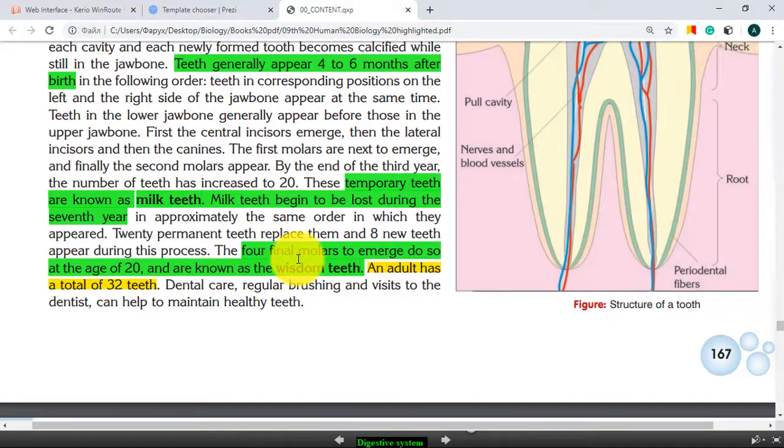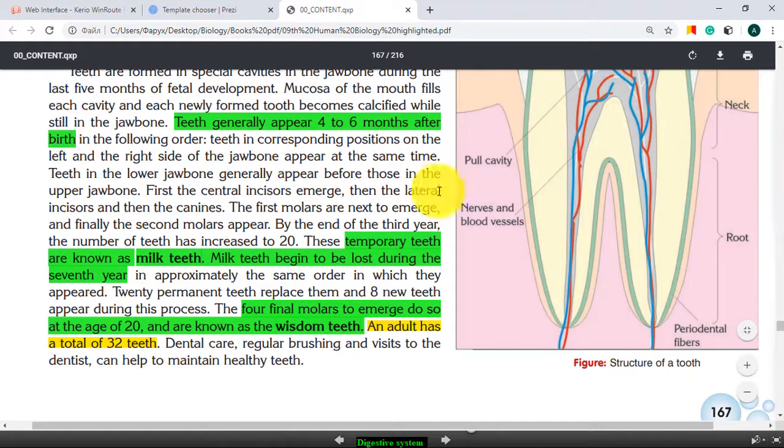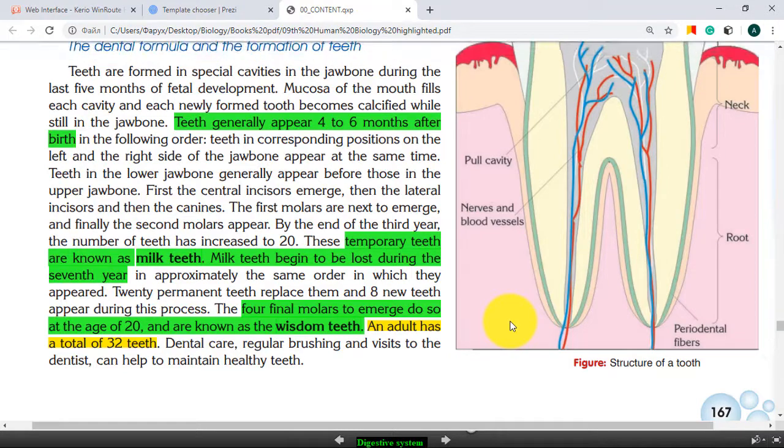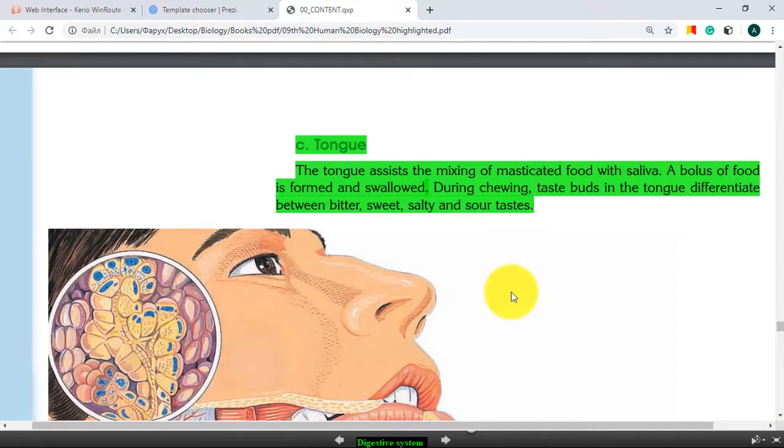Now let's have some general information about the teeth. They generally appear 4 to 6 months after birth. We call these milky teeth, or in other words temporary teeth. Now tongue.